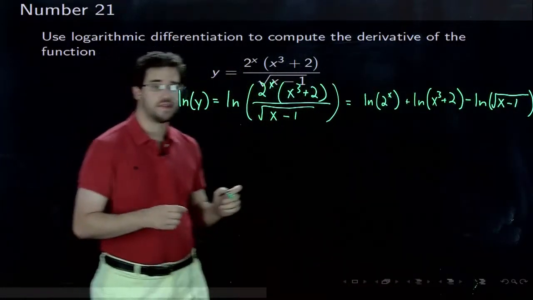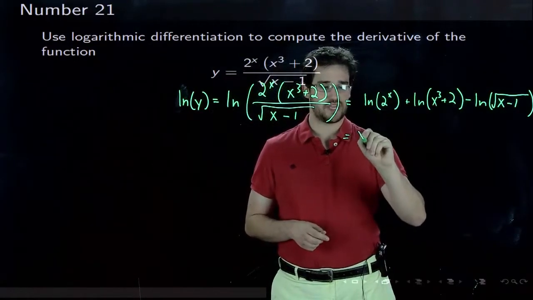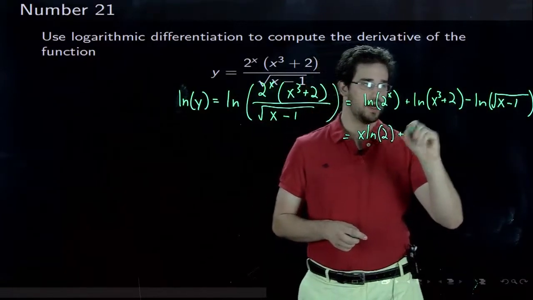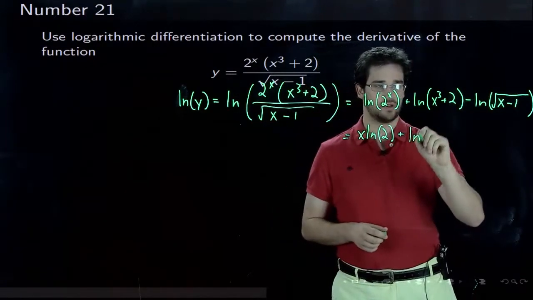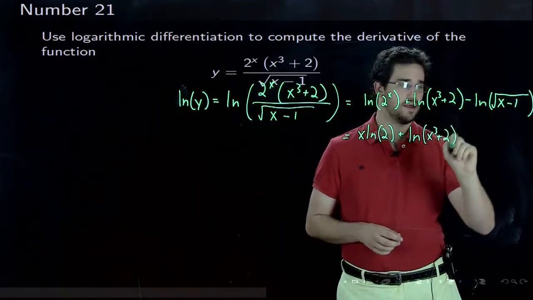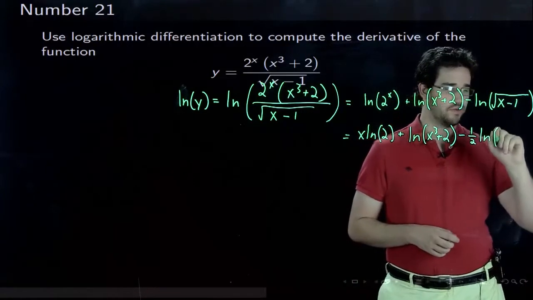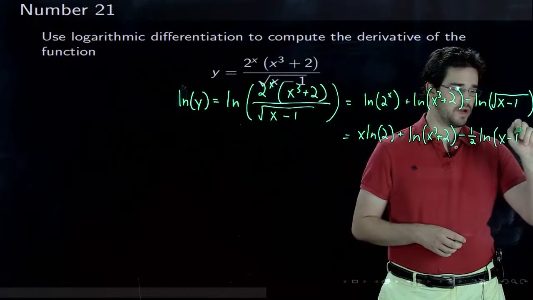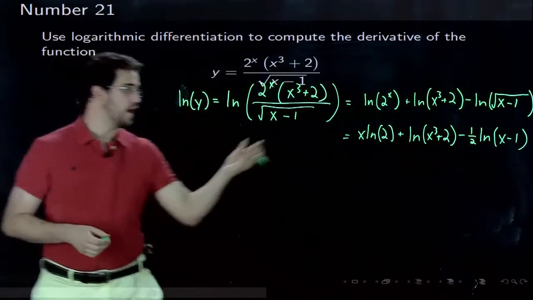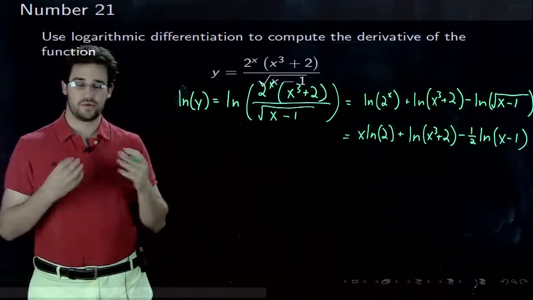Now, we can simplify this even further. Using our rules of logarithms, this is just x log of 2 plus natural log of x cubed plus 2, we'll keep that. And this is minus 1/2 natural log of x minus 1, right? Because the square root is the same as x to the half.